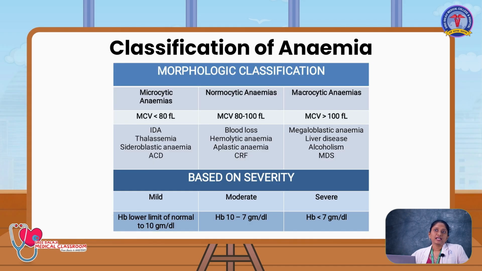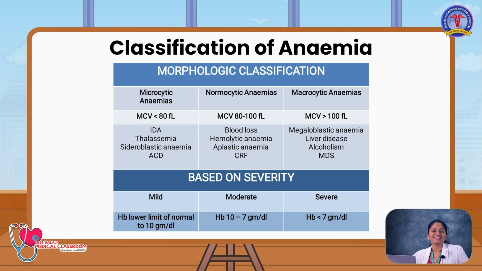Now we move on to the classification of anemia. Anemia is classified based on morphology as microcytic anemias, normocytic anemias, and macrocytic anemias. When the mean corpuscular volume is between 80 to 100 femtoliters, we call it normocytic anemia.